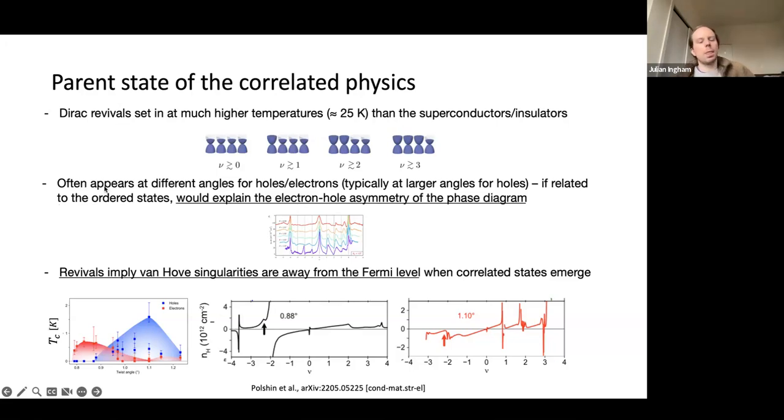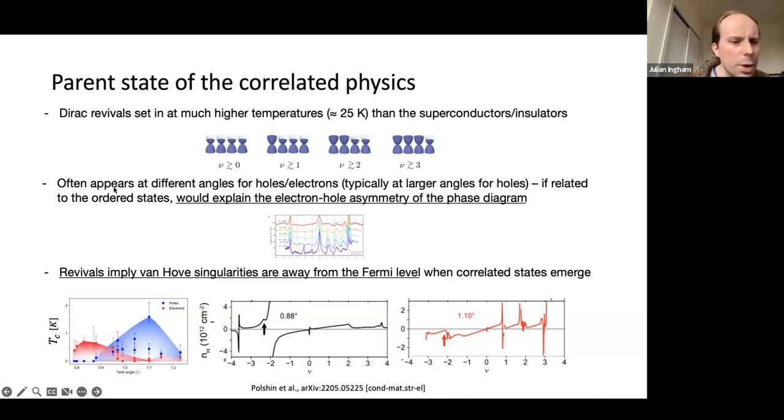So in fact, when we have a Van Hove singularity for holes, TC is 0, and when we have a Dirac revival for electrons, TC is maximal. On the other hand, on the bottom right here, we have these jagged Van Hove singularity features for electrons, and we have a reset-like feature for holes.